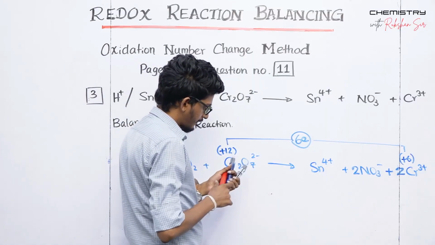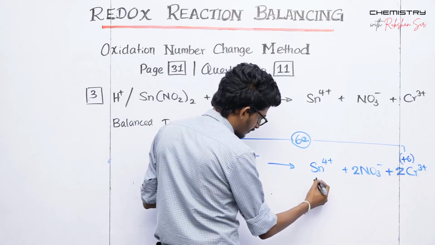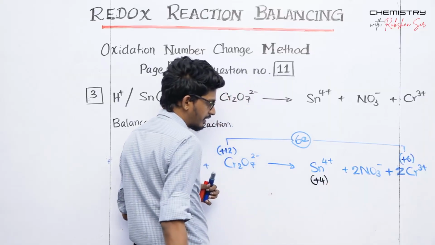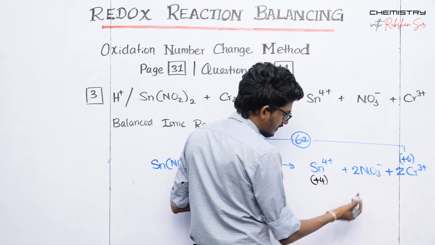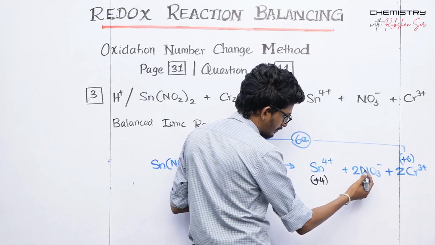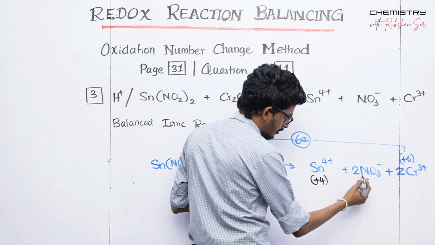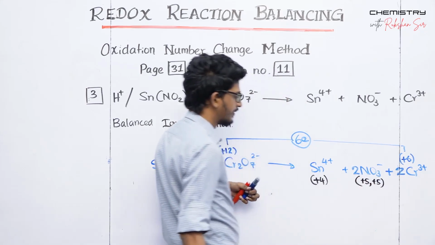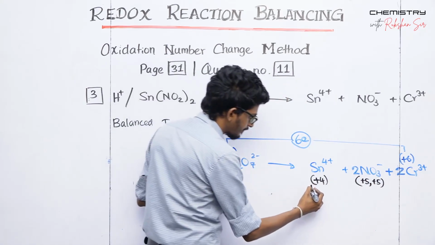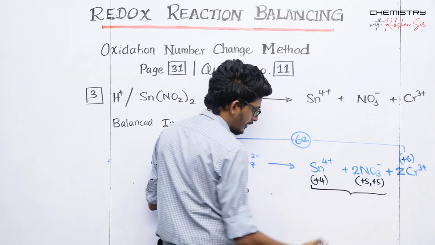So with this thing, it is plus 4 oxidation state here. With 3 of oxygens, it is minus 6. So plus 6 minus 1 is plus 5. So such two nitrogens are there. Plus 5 into 2, right? Okay. So altogether, this side carries some plus 40.